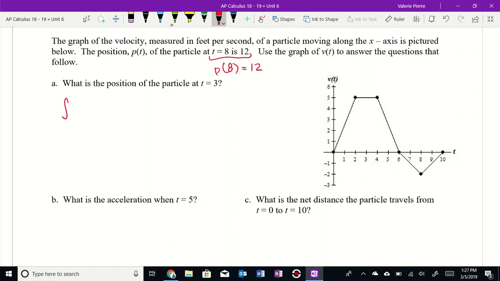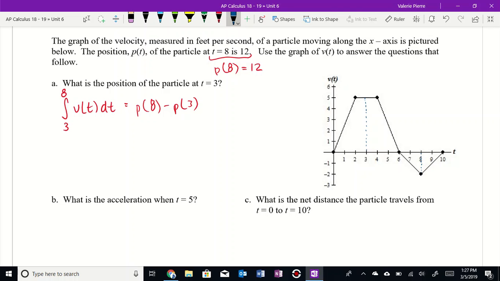So we know our limits of integration are from 3 to 8 of v of t dt. And using FTC, that means we're going to have p of 8 minus p of 3, and p of 3 is what we're looking for. So if we look at this graph, here's 3, here's 8.